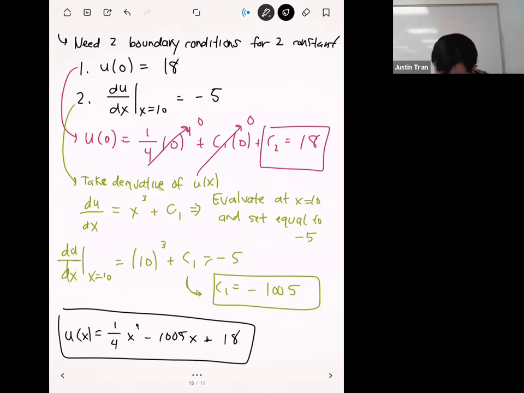This right here is our complete solution. That's a simple 1D case showing you why we need boundary conditions to solve any kind of differential equation. Any questions on this?